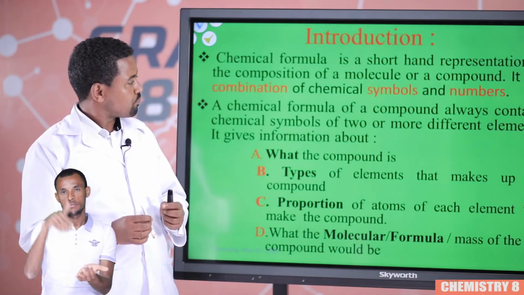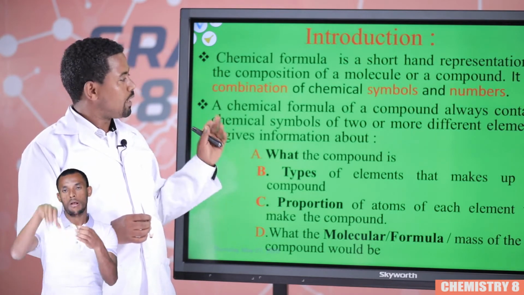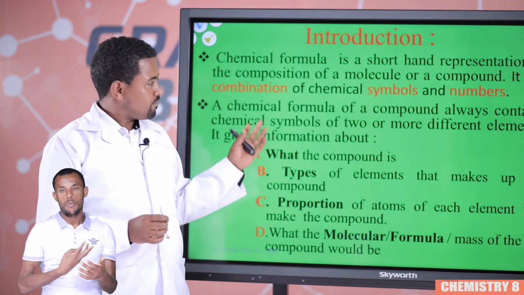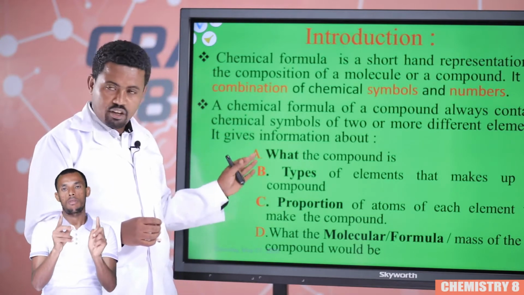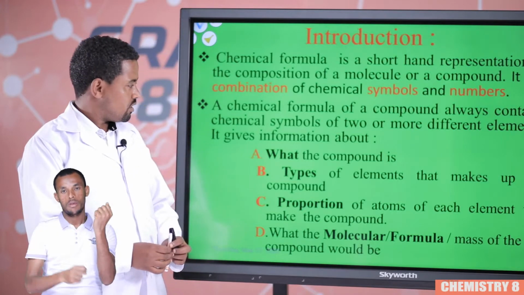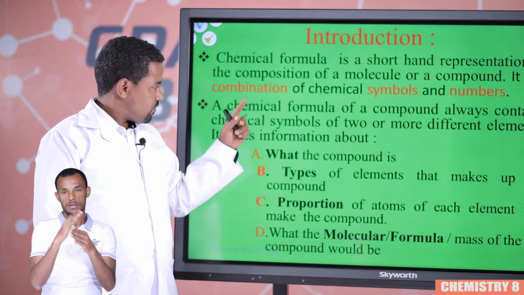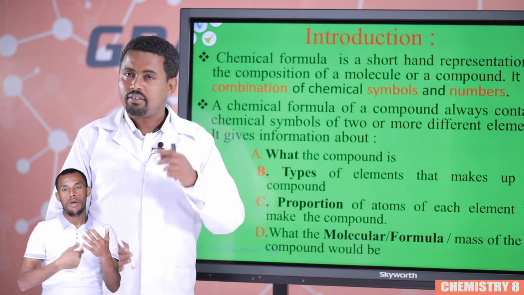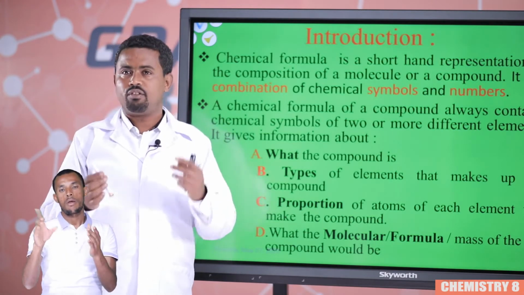Again, from a given chemical formula, we can have different basic informations. As you see here, from a given chemical formula, we can have qualitative and quantitative information.